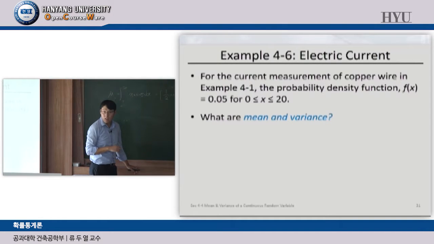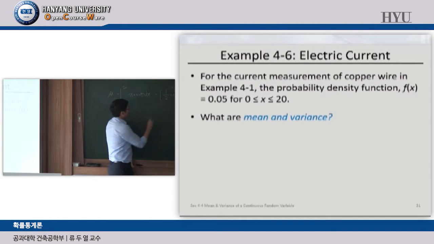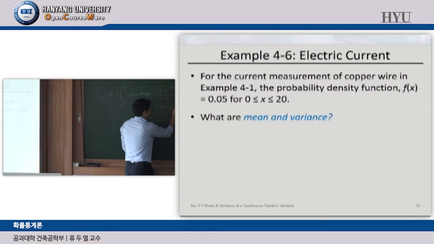Okay? And this can be 1 over 2 multiplied by 0.05 multiplied by 20 squared minus 0. Okay? And this can be 1 over 2 multiplied by 0.05 multiplied by 400.